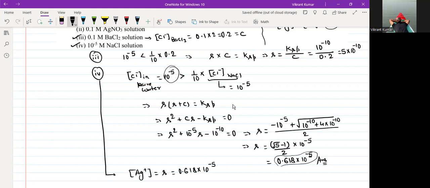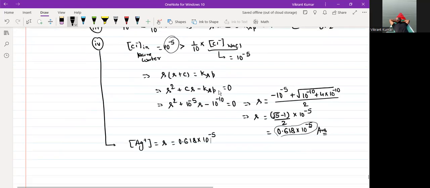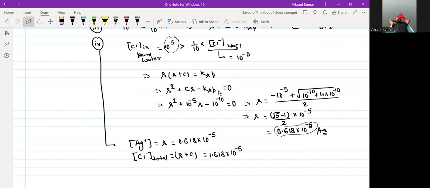But if it is asking Cl minus, we can't write S, it was S plus C. Cl minus total, so that was S plus C. So this will become 1.618 into 10 raised to minus 5. Is it okay? But question was about solubility only. But if they are asking you ions ka concentration, we need to be very clear. Is it okay?